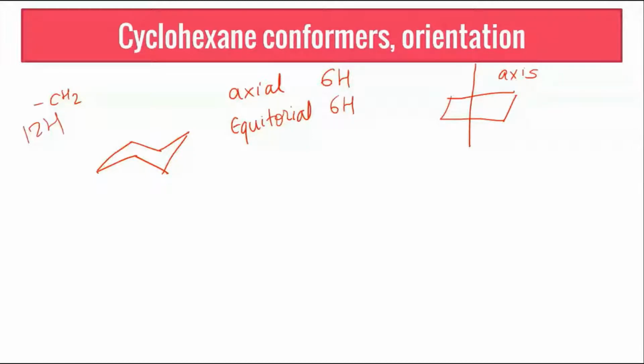Same way, those bonds which are in the plane itself, that means along the equator, we call them equatorial bonds. So be it on the left, be it on the right, not a concern. As long as they are perpendicular to the axis, we call it an equatorial bond. So that is the first concept of axial versus equatorial.